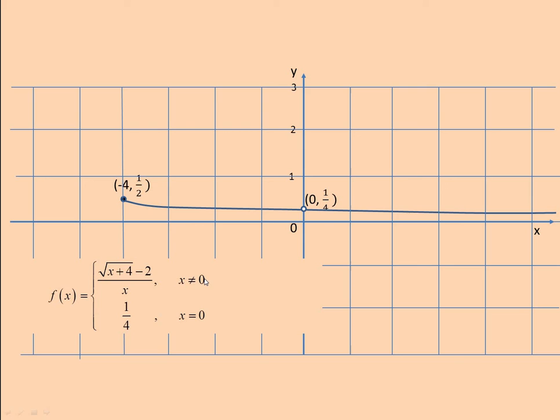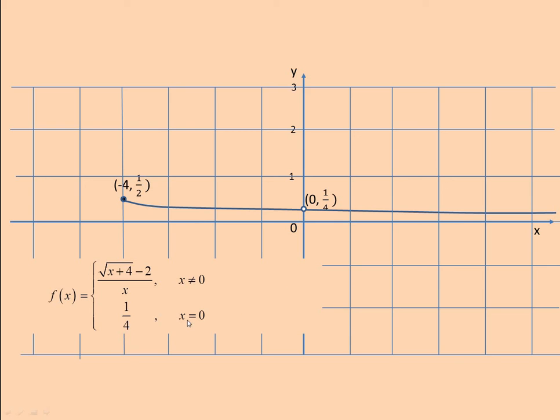Therefore, when x is not equal to 0, the function is root of x plus 4 minus 2 by x. But when x is equal to 0, you redefine the function to be 1 by 4. The redefinition is there to remove the discontinuity.